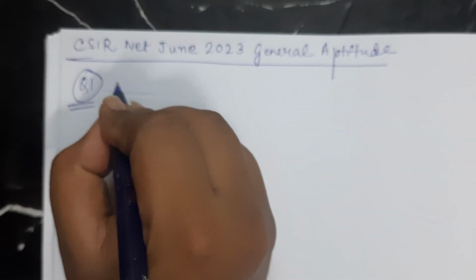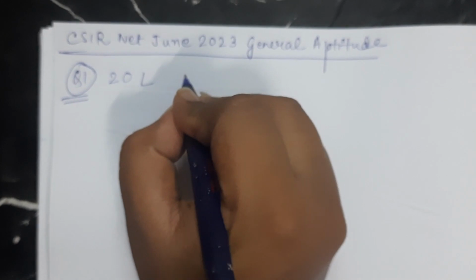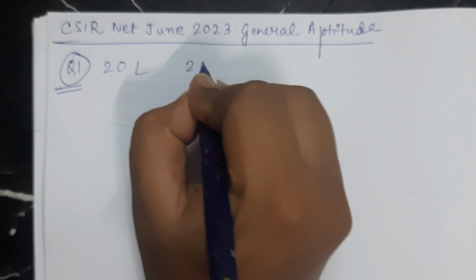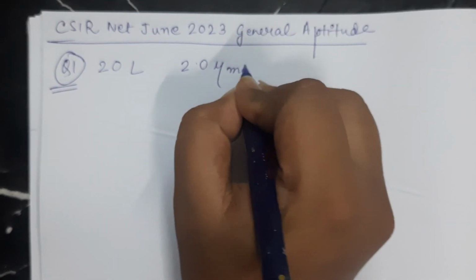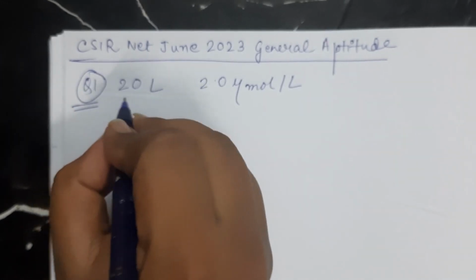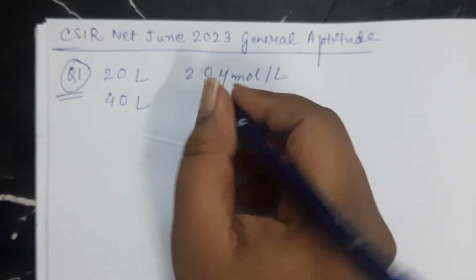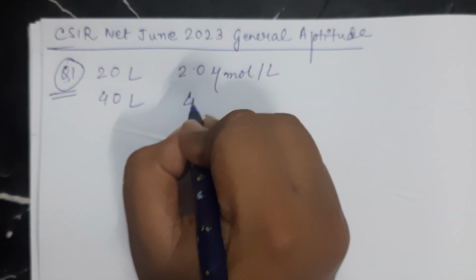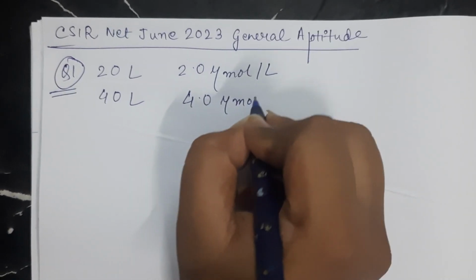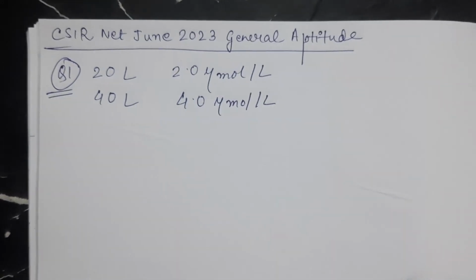So the first question goes like: 20 liters of water has a concentration of 2.0 millimole per liter of sulfate ions, and 40 liters of rainwater has 4.0 millimole per liter of sulfate ions.